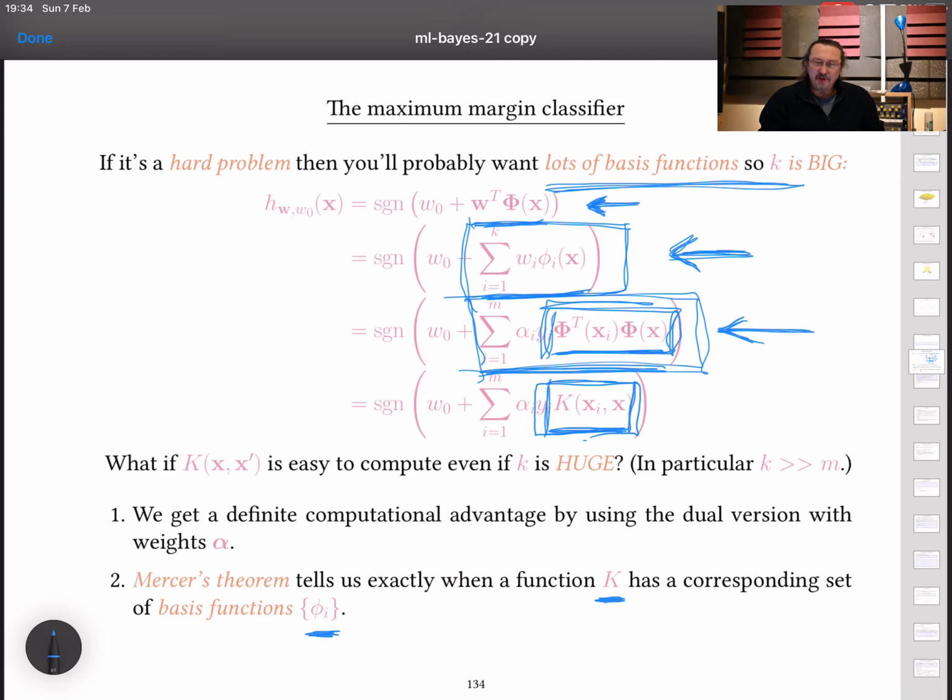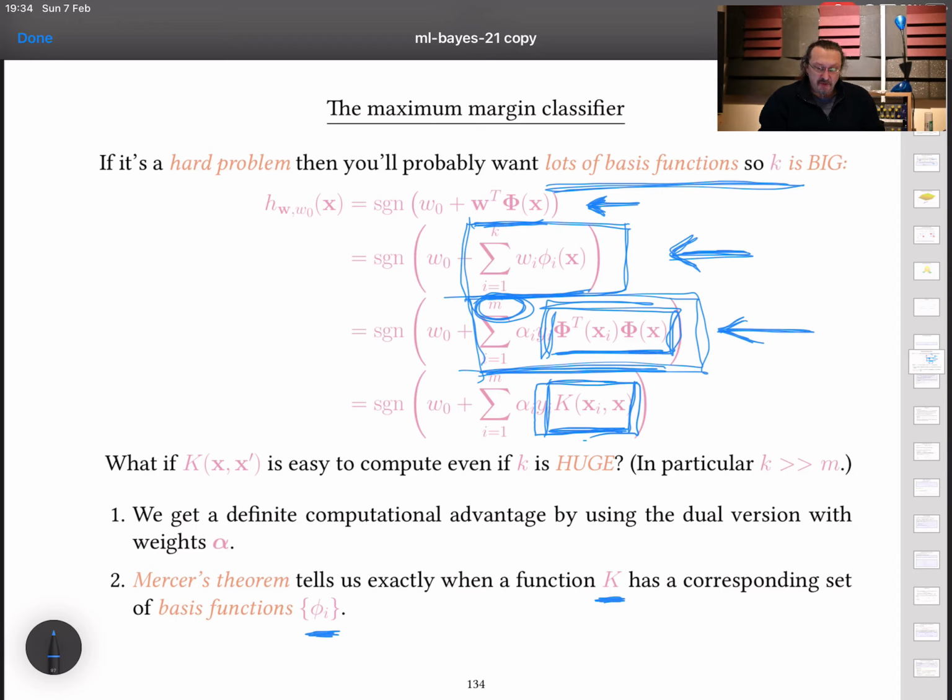If we exploit the structure that we know the solution vector w must have, when we train using the maximum margin, we change that sum into one that has only m things in it. That's the number of training examples, and we would expect it to have even fewer than that because a lot of the alphas will be 0.